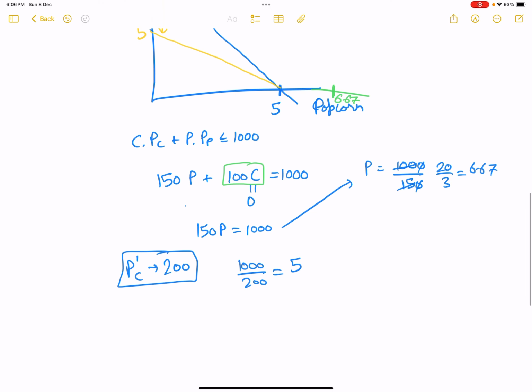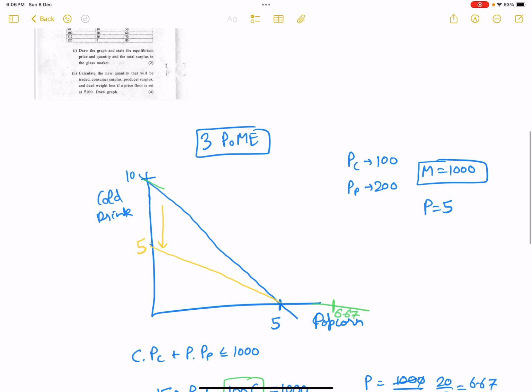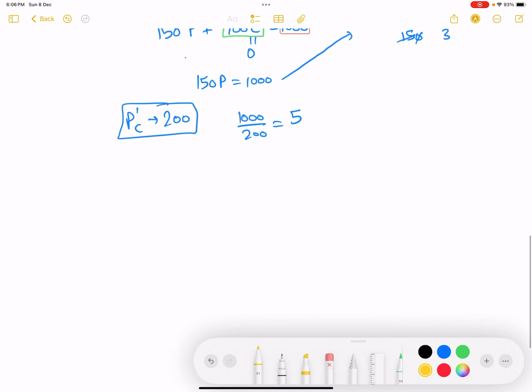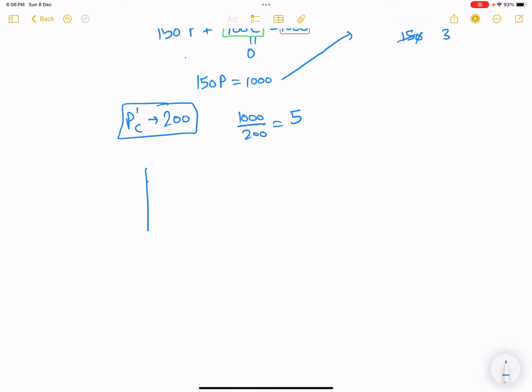Now if his income doubles, he can have more of both popcorn and cold drink. So initially, if it was 5 and 10, popcorn were 5, cold drinks were 10. Now it can be 10 and this can be 20.